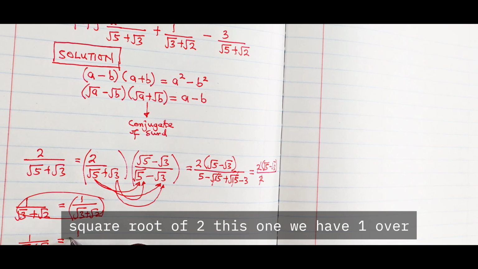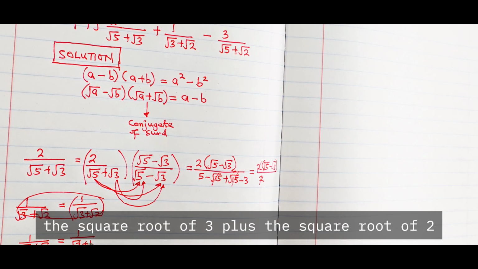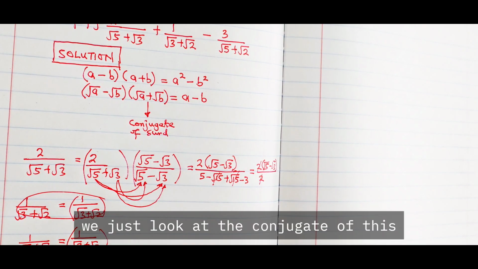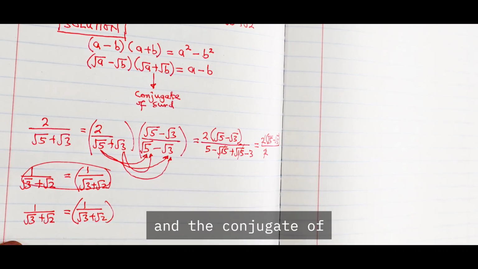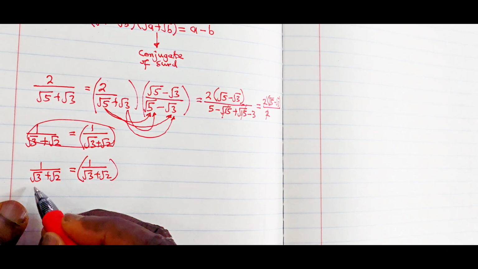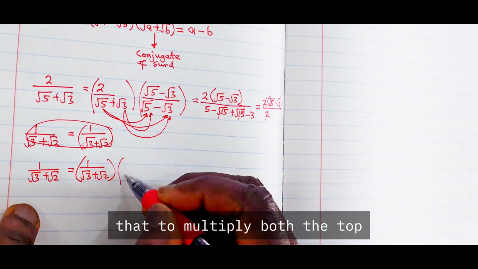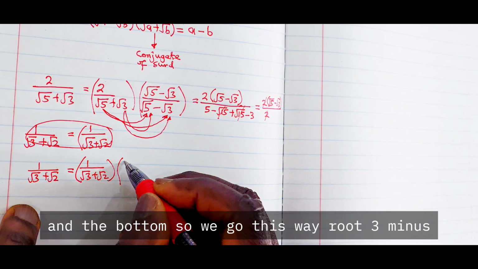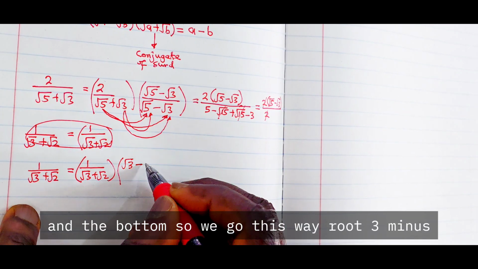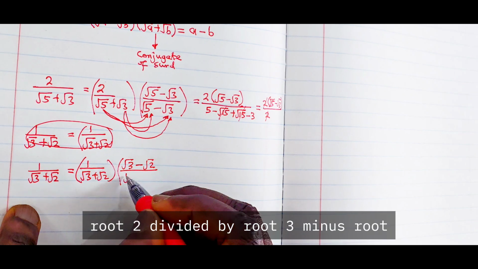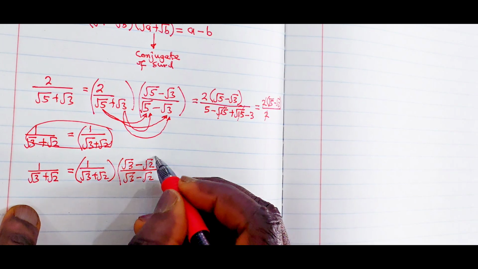We just look at the conjugate of this. And the conjugate of that is going to give us square root of 3 minus square root of 2. We just use that to multiply both the top and the bottom. So we go this way. Root 3 minus root 2 divided by root 3 minus root 2.